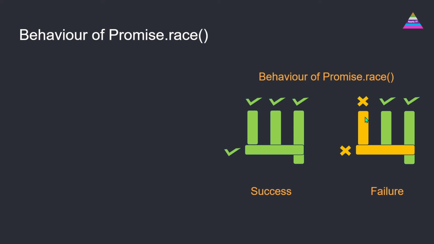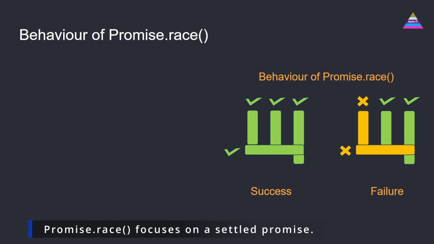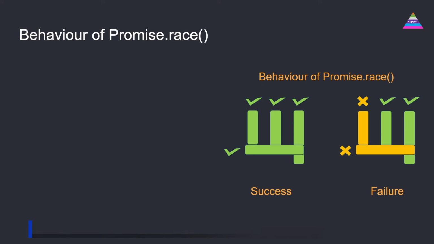Once this promise gets rejected, we immediately get a response. So we observe that the Promise.race method focuses on a settled promise, not on a fulfilled promise. Whichever promise gets settled first, we get the response from that promise. This is the first promise that gets fulfilled, so we get the response from that. And in this case, this is the first promise that gets rejected, so we get the response from that.